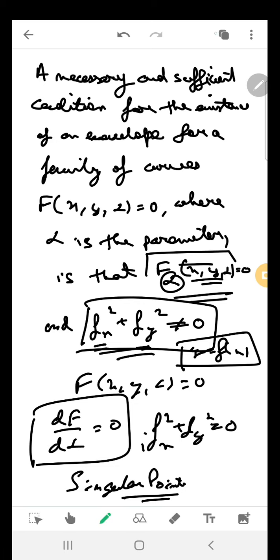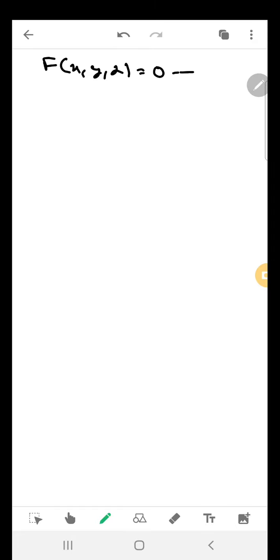So let me go to a new page. So suppose you have a family of curves given with this equation. Okay, so this is equation 1, and you differentiate it with respect to alpha, and you get del f over del alpha (x, y, alpha) equals 0.